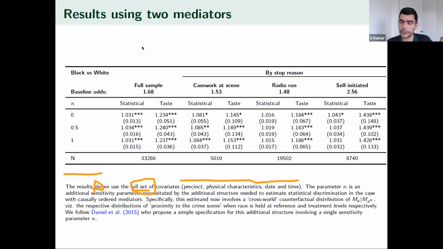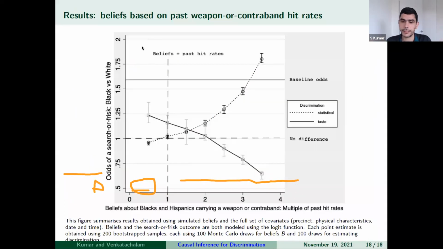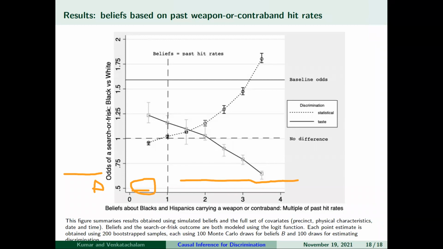So instead of 0.3, which is the empirical observed number, let's multiply it with something. Let's make it bigger. Let's make it 0.6, 0.9, or the upper limit would be 1. As we multiply it higher and higher, we're saying the beliefs about blacks are actually more adverse than historical hit rates would suggest. And that is what we're trying to do here on the x-axis in this picture.